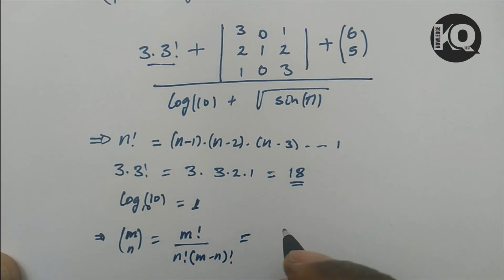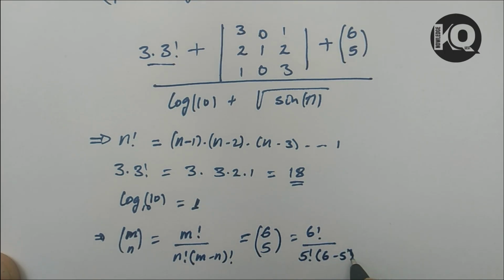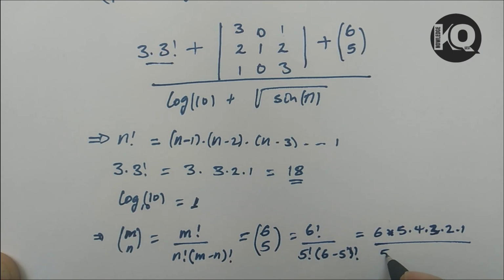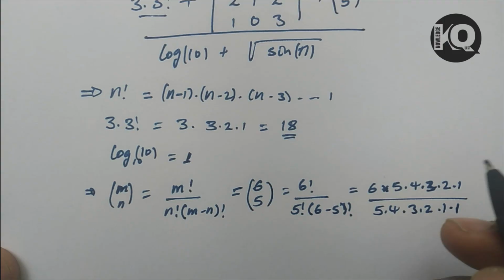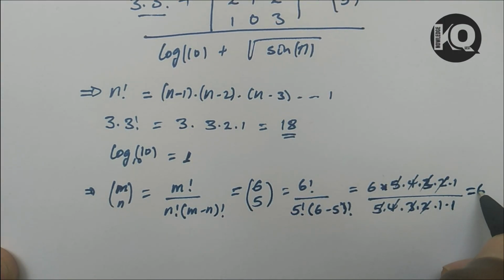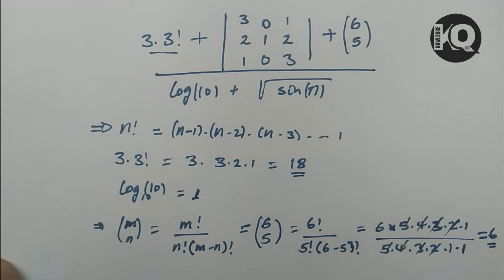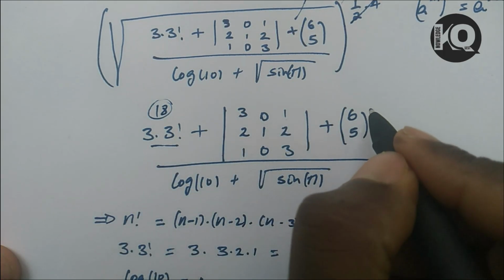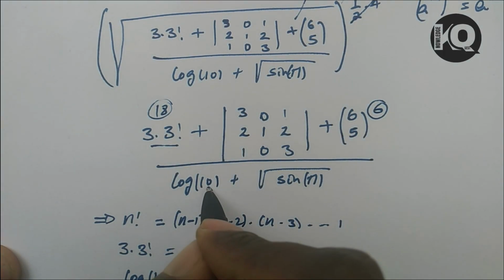In our case, we have 6 choose 5, so it will be 6 factorial divided by 5 factorial times 6 minus 5 factorial, which is 6 times 5 times 4 times 3 times 2 times 1 divided by 5 times 4 times 3 times 2 times 1 times 1 factorial, which is simply 1. So 2 is eliminated, 3 is eliminated, 4 is eliminated, 5 is eliminated, and the remaining will be 6.